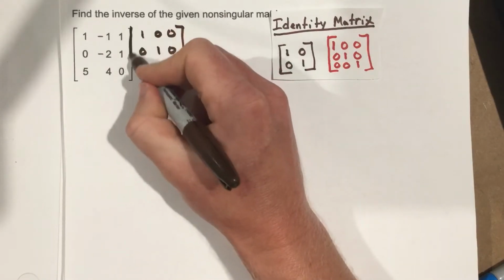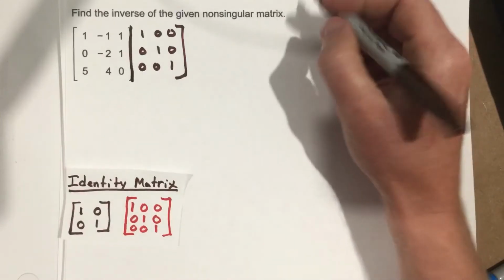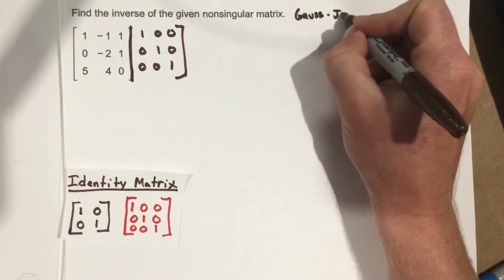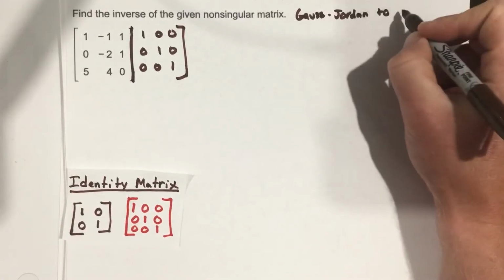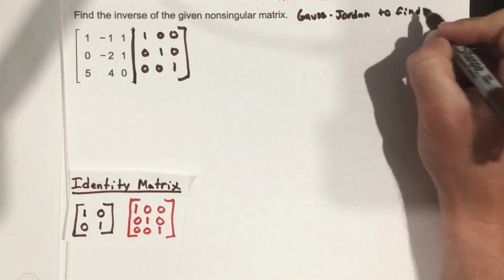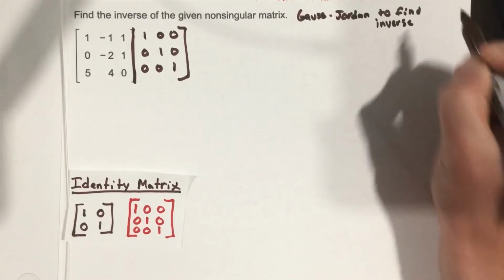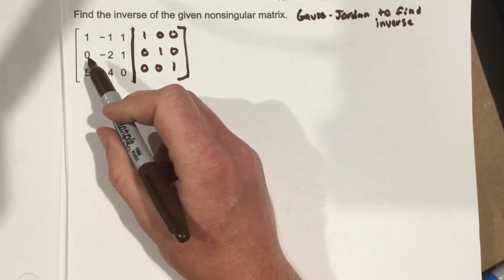It's kind of like setting it equal. And then I'm going to use some Gaussian elimination to find the inverse. All right, let's start right away with this Gaussian elimination.